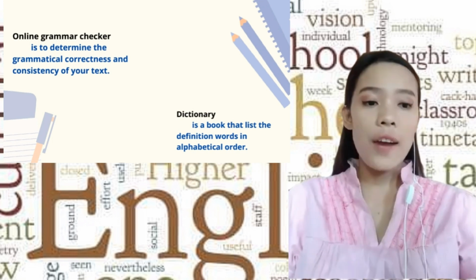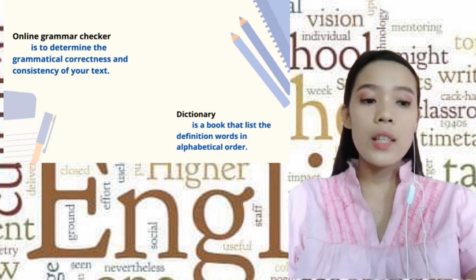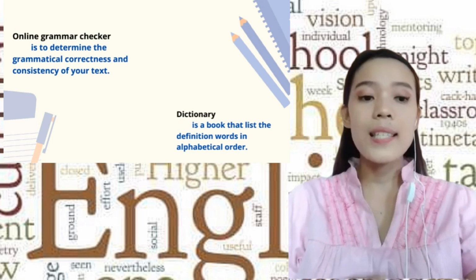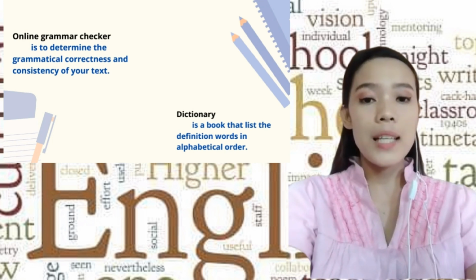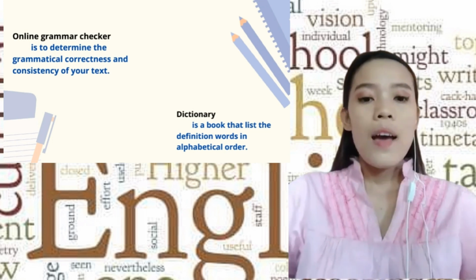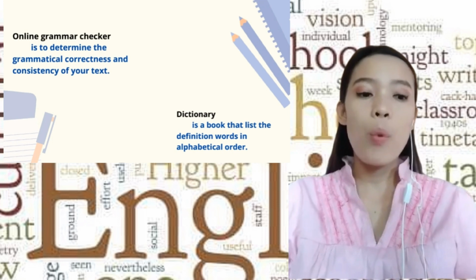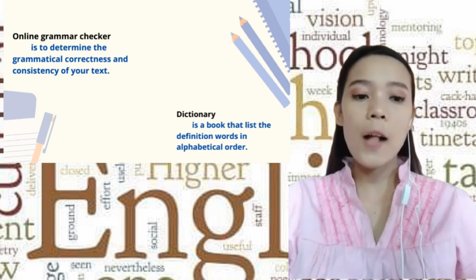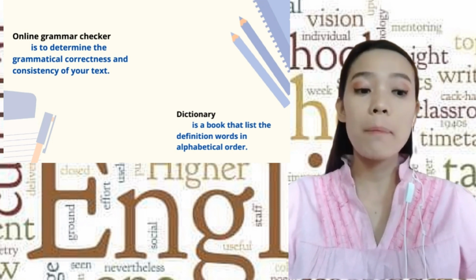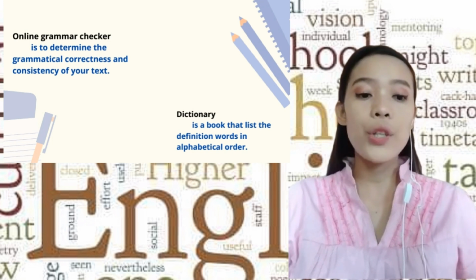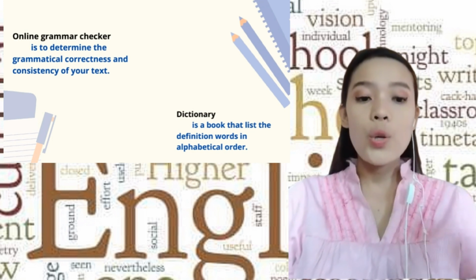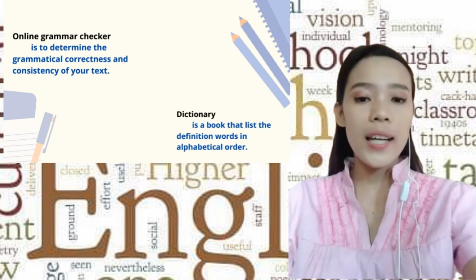Next is the dictionary. We all know that a dictionary is a book that lists the definitions of words in alphabetical order. This is also important in writing because it helps you to understand the subject better, and it can improve your grades by making sure you are using the words correctly.